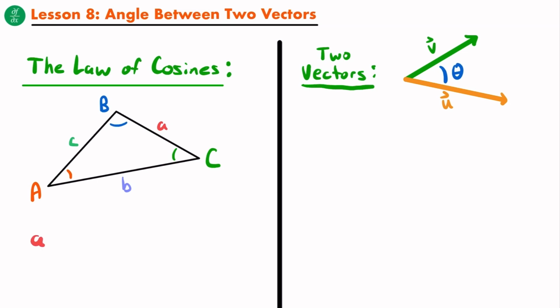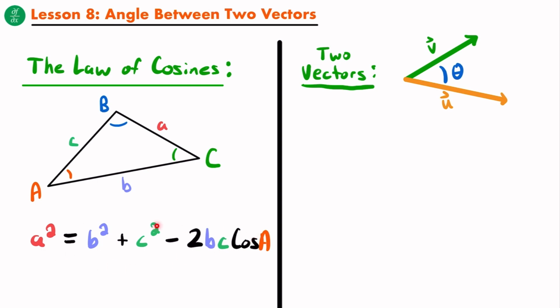It says that lowercase a squared is equal to lowercase b squared plus lowercase c squared minus 2 times lowercase b times lowercase c times cosine of angle A. All right, so this equation right here is a result of the law of cosines, and we can use this to find angle A. All we would have to do is solve for A in this equation.